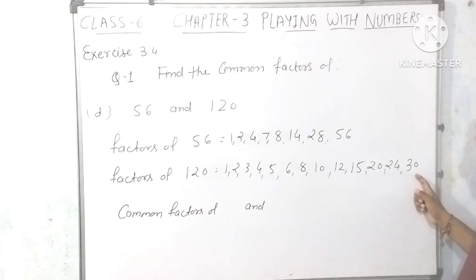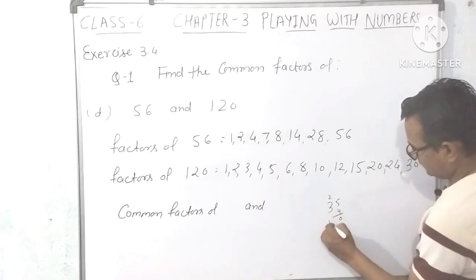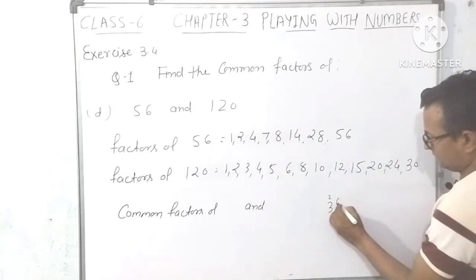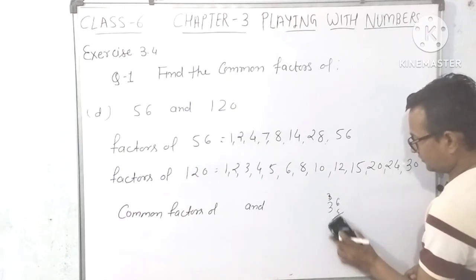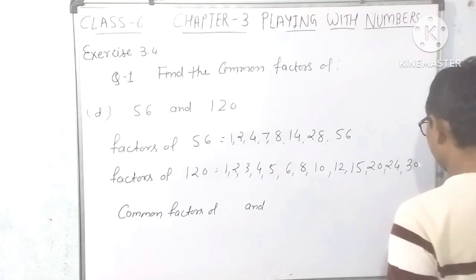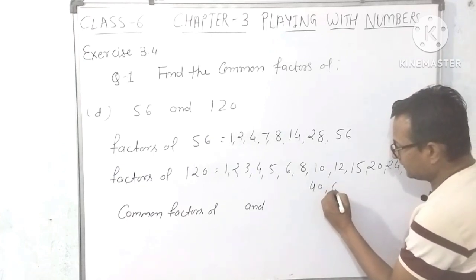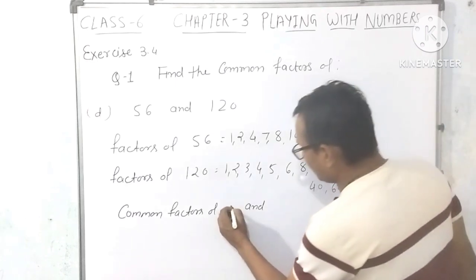Then 31, 32, 33, 34, 35, let's check 35, so 35 also not possible. 36 also not possible. 37, 38, 39, 40, 3 forties are 120. Then 60, and last 120.